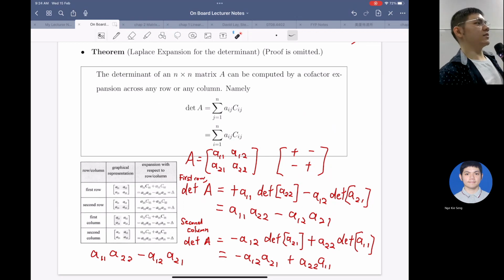We won't prove this, you just need to know how to use it. Any question on how to use this formula here? Or does anyone not know how to read the formula?